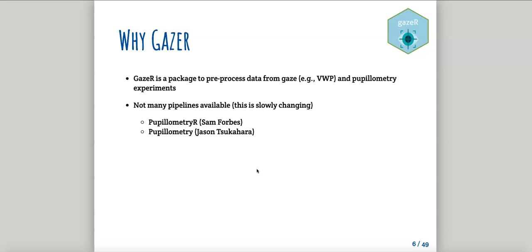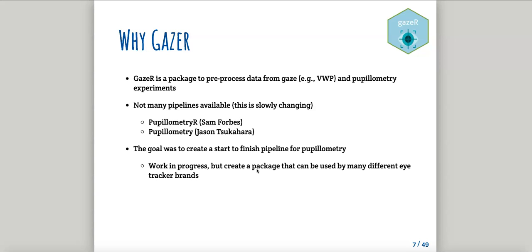Even if you don't like GAZAR or don't want to use GAZAR, there are other packages out there, and I implore you to check them out. One is Pupillometry R by Sam Forbes, and the other is Pupillometry by Jason Tasaka Kurhara. I definitely encourage you to go visit their GitHub pages and check those packages out.